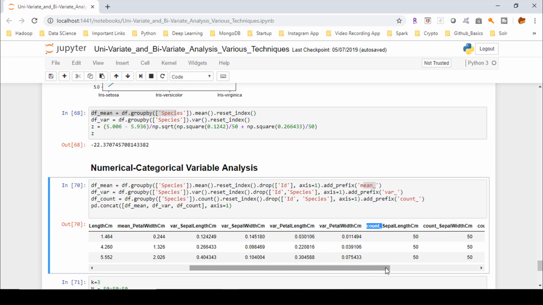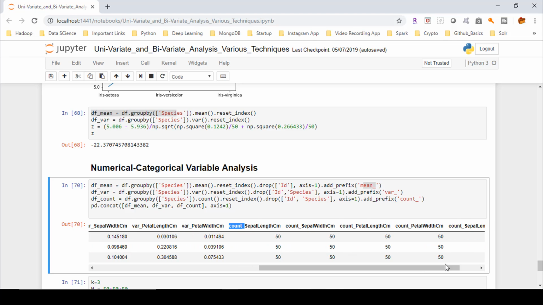So you can see that there are 50 observations each for Setosa, versicolor, and virginica. The total number of observations is 150, but for each individual category, 50 records are in Setosa, 50 in versicolor, and 50 in virginica.